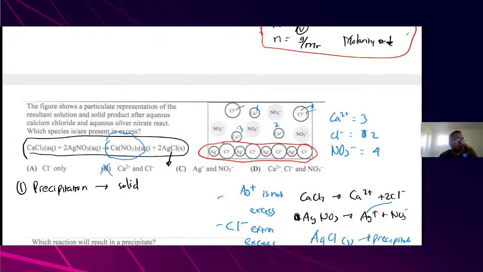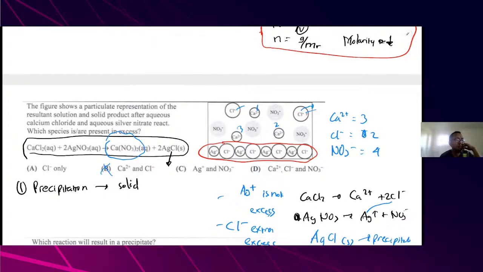Okay, we can start this question by evaluating the balanced equation for reactant and product. First, looking at the product, you see the AgCl is the solid that is formed, and CaNO3 is in solution, spectator ions. Therefore, on first inspection, looking for excess reactant, you might think that chloride is the only ion in excess.